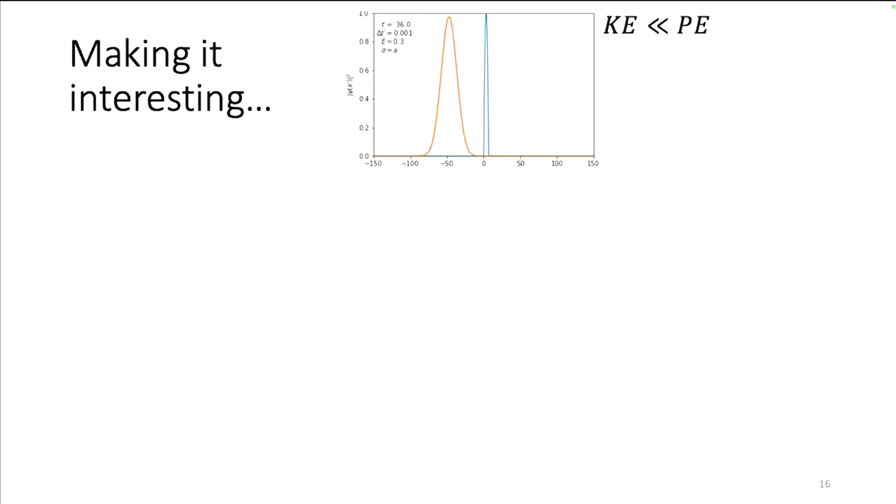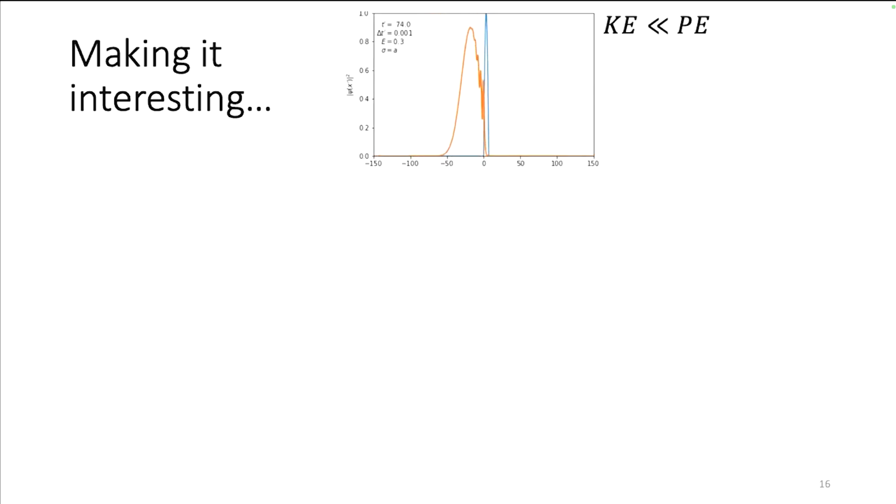Can anyone tell me why you see fringes here? The wave function of the incoming wave is interfering with the reflected wave, constructively and destructively. So basically, the electron is interfering with itself, and that's why you see those fringes.